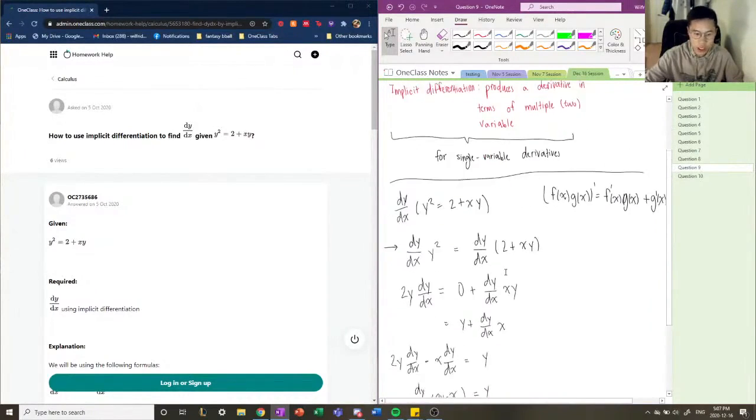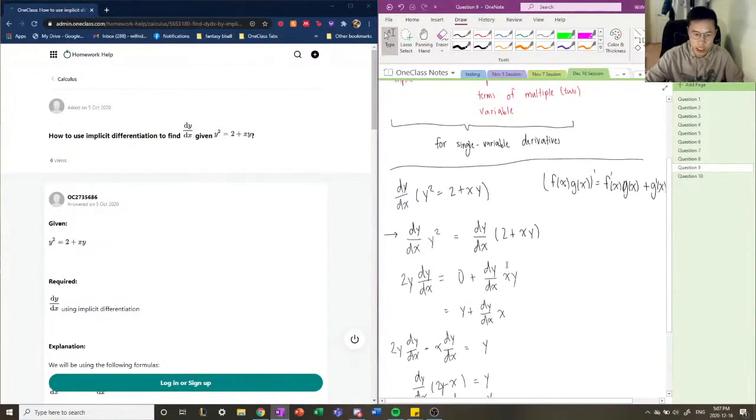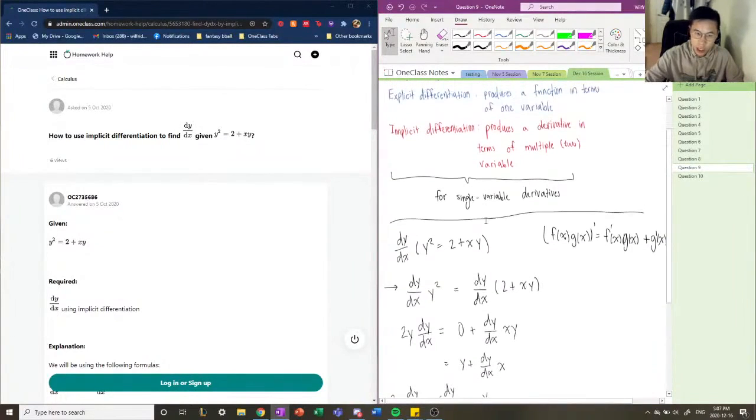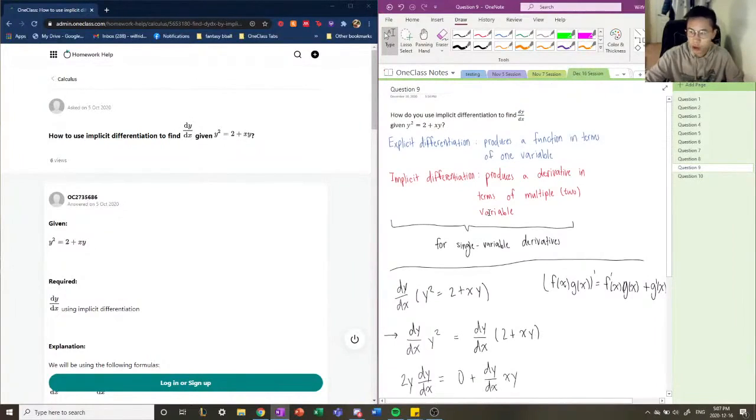So what's the use or value of implicit differentiation, you may say? Well, sometimes you have a function that is very hard to isolate and make an explicit function, a function that explicitly states that it's related to one single variable. In this case, we could have explicitly derived by isolating for y and making it a function of only x, but that would be very complicated.